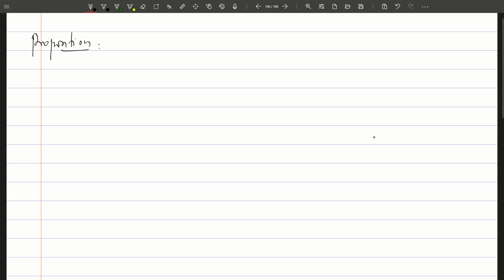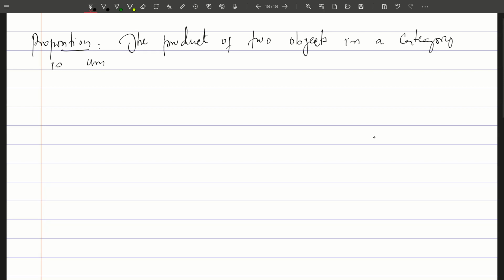So, the product of two objects in a category is unique up to an isomorphism.